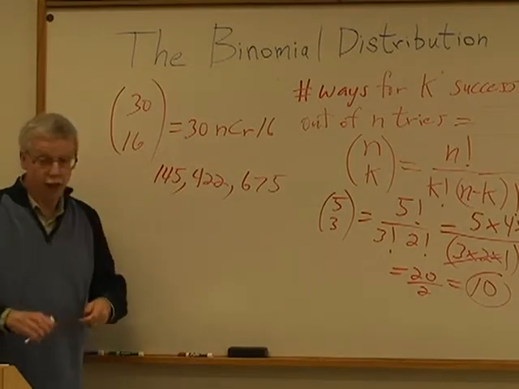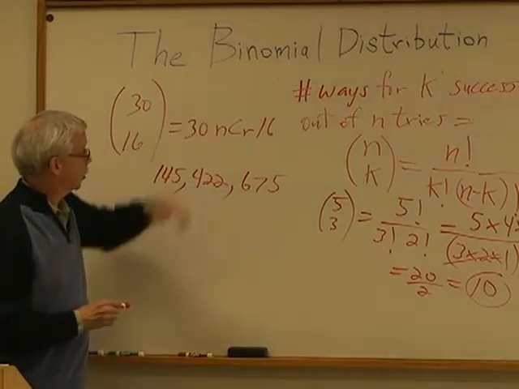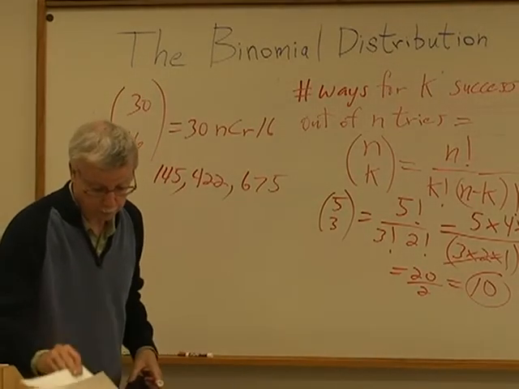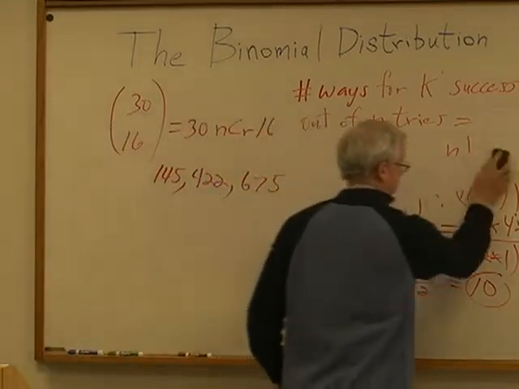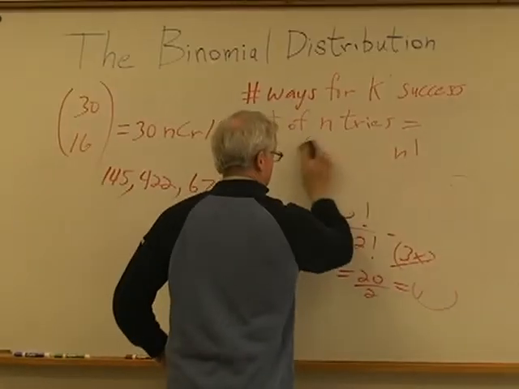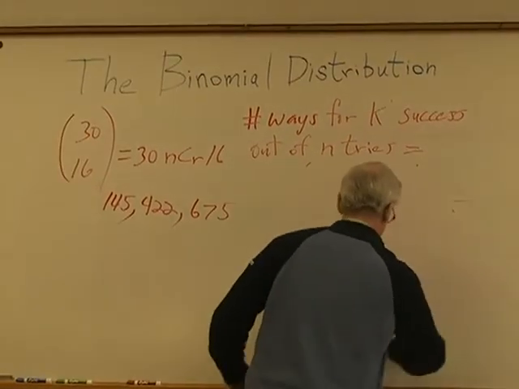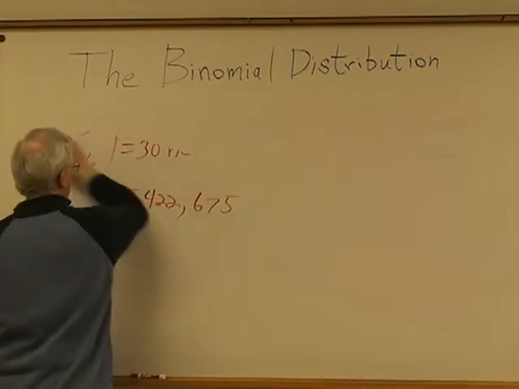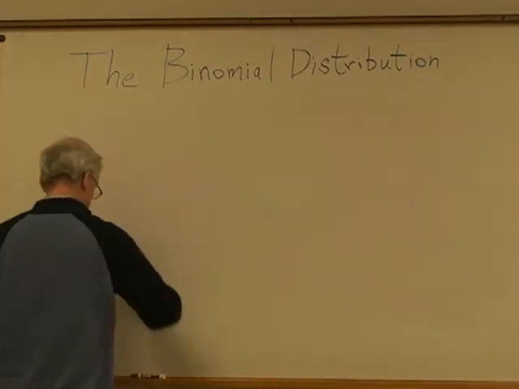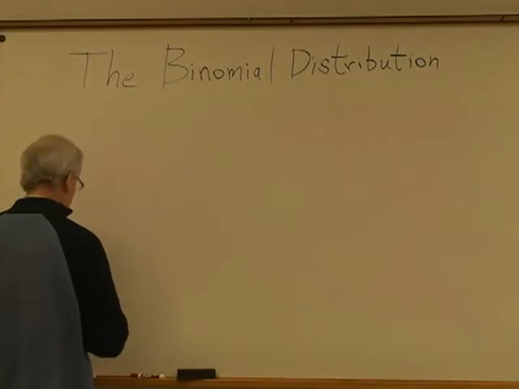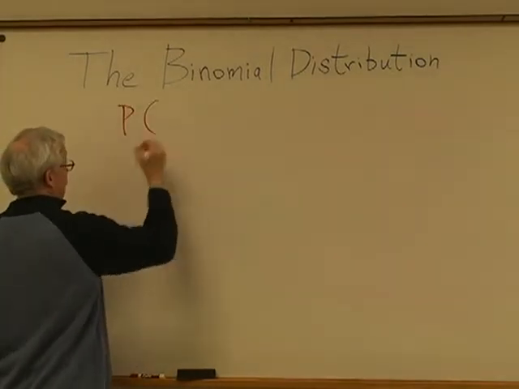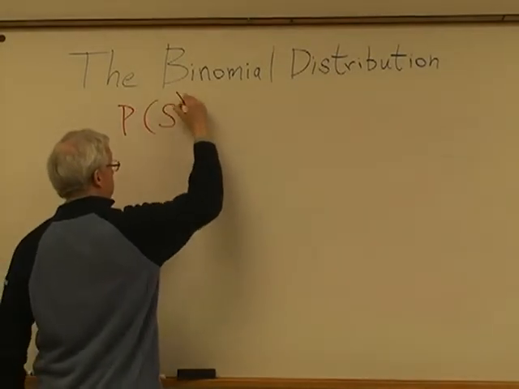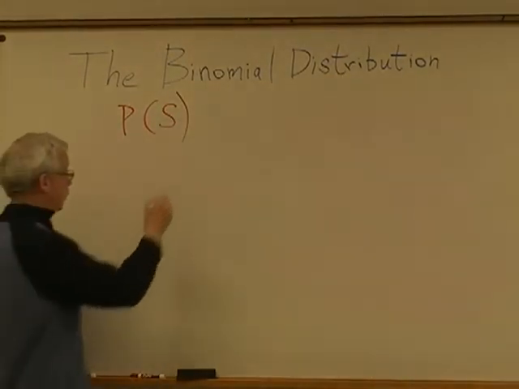Okay, let's put this all together now into our binomial distribution and actually do a worked out example. First, I'm going to change from heads and tails to successes and failures, because it could be something much different from coin flipping.